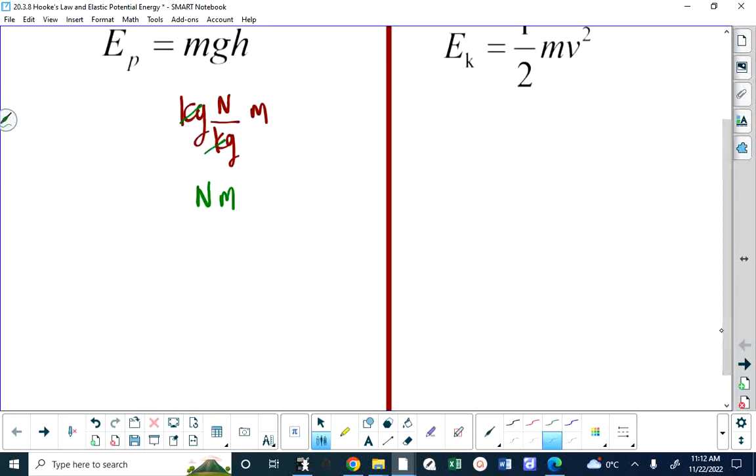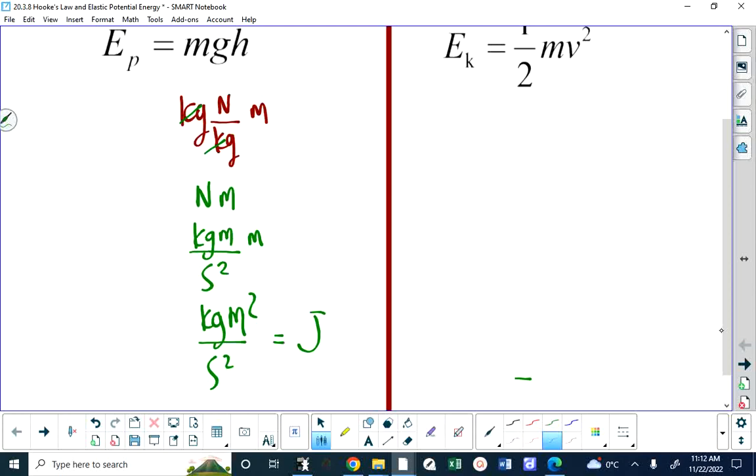But a Newton is a kilogram meter per second squared times that other meter gives you a joule, because this combination of those fundamental units gives you a derived unit of a joule.